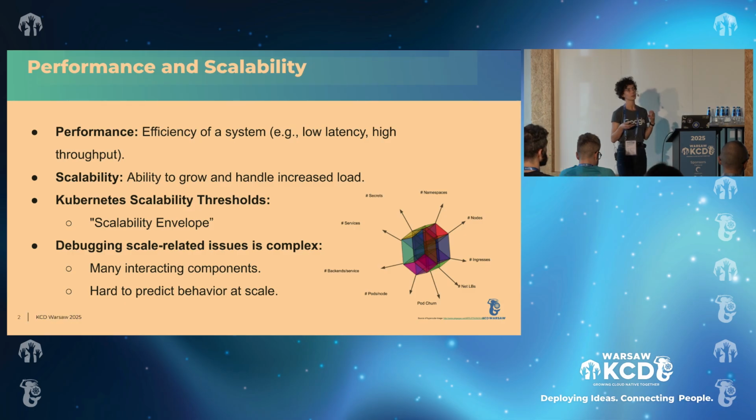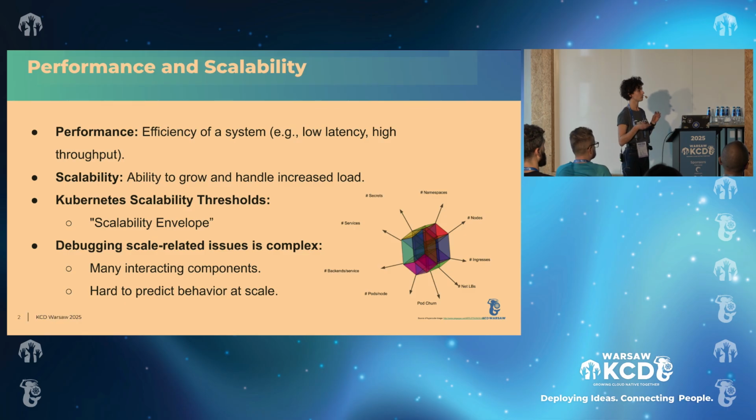So this tells us how our system can maintain this performance, this efficiency and responsiveness, when the number of our users, operations and requests is growing. And Kubernetes is a very complex system. We have so many different APIs, resources and dimensions.